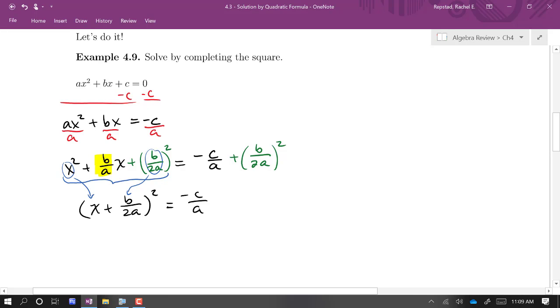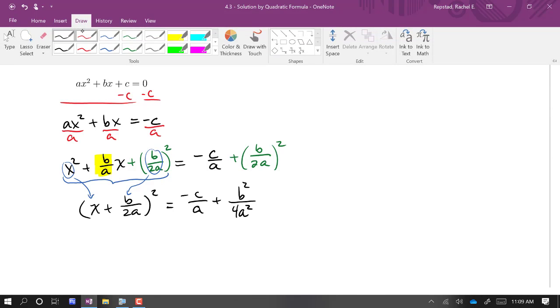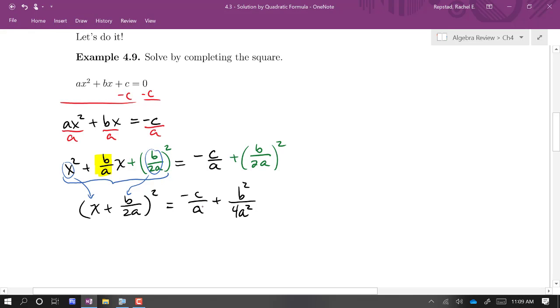I'm going to write this right side as a single fraction. First I have to square out b over 2a, so that's b squared over, and 2a squared is 2a times 2a, or 4a squared. I'm going to get a common denominator, so I have to multiply the top and the bottom here by 4a.